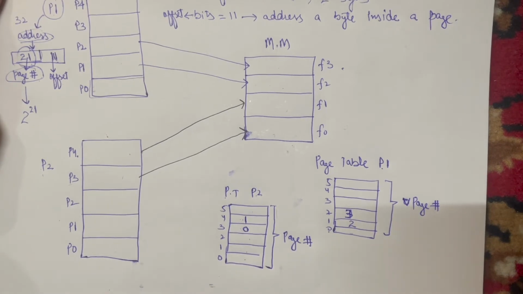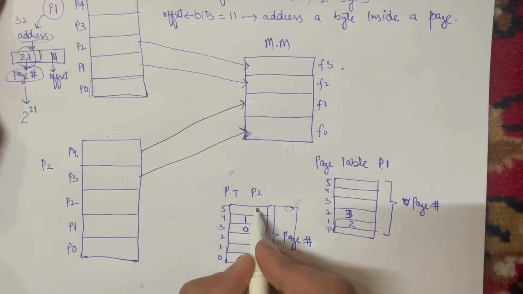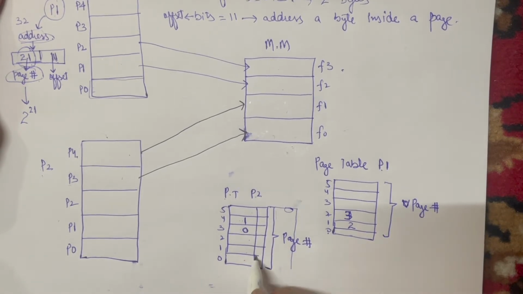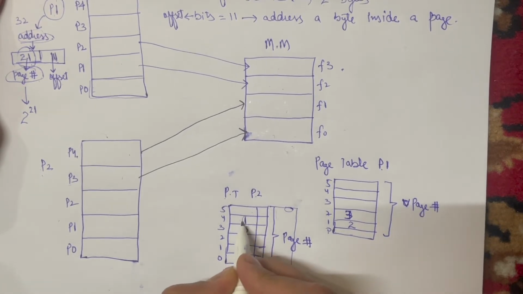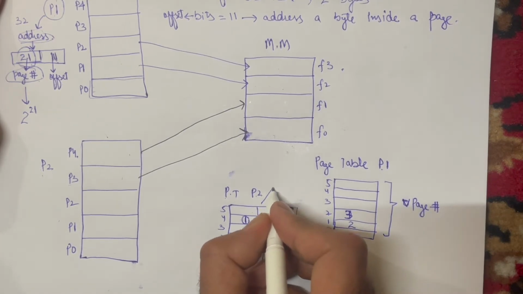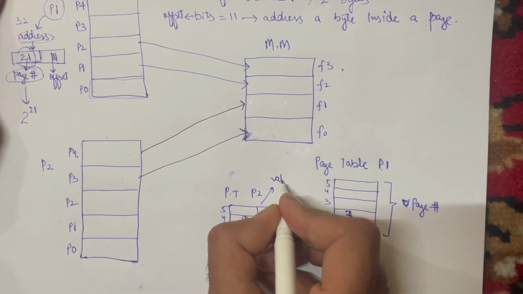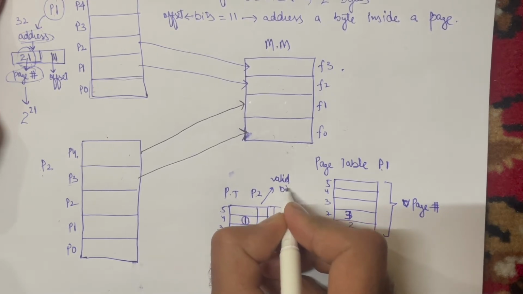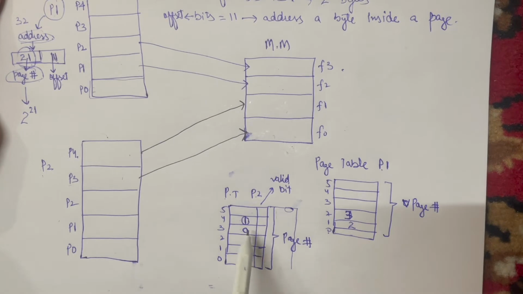Okay, to keep track of whether the entry contains the right value or the wrong value, or we can say the actual value or the garbage value, we have another part here in the page table entry. One is that it is storing the frame number, and it is also storing another thing which is called a valid bit. Valid bit says whether this mapping is valid or not.